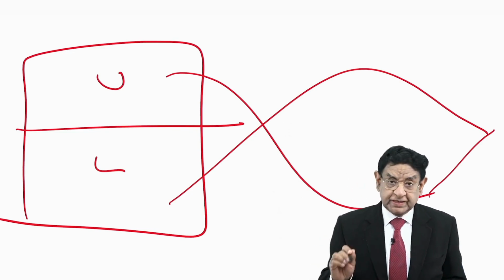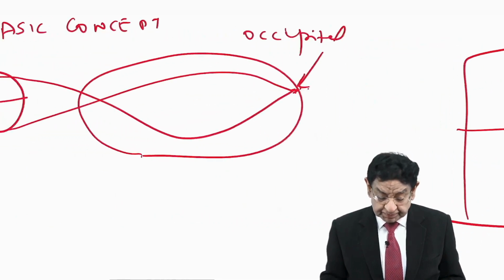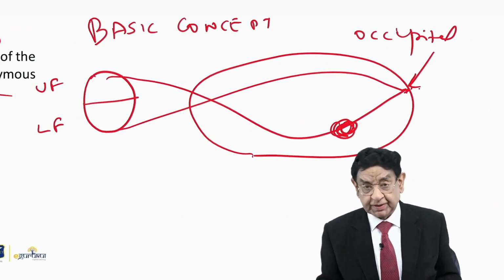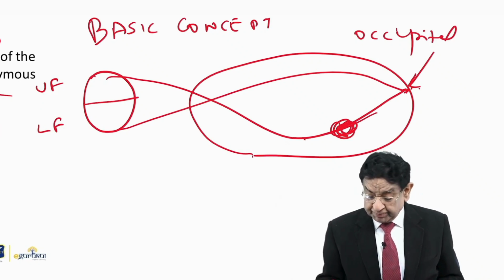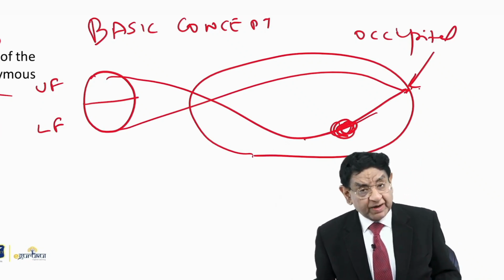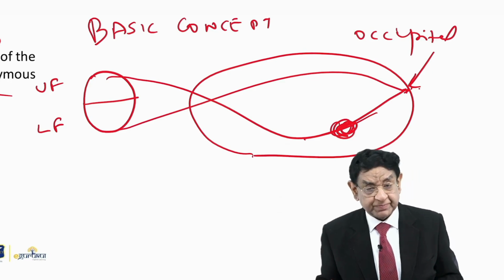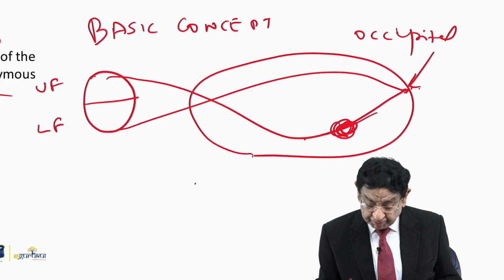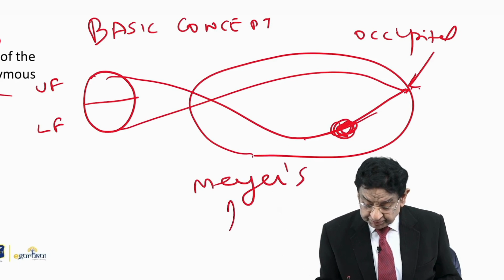So obviously, if the patient has a problem in the temporal lobe, such as a tumor, it is going to compress the fibers of the radiation which carry the upper field. This lower loop is called Meyer's loop.